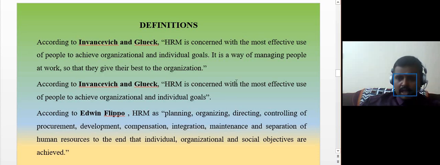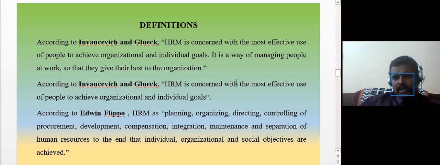Because we have to plan accordingly, we have to organize the things, we have to recruit the right person for the right job, we have to place the people and measure the performance of that particular individual, and take control measures and direct them, motivate them, communicate with them, develop their leadership skills, develop their managerial skills.